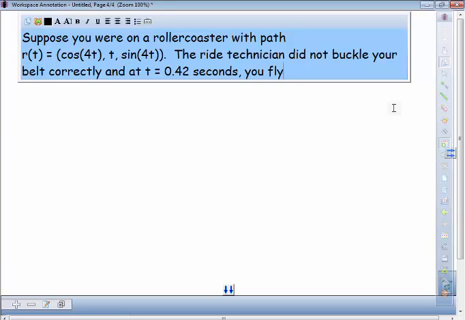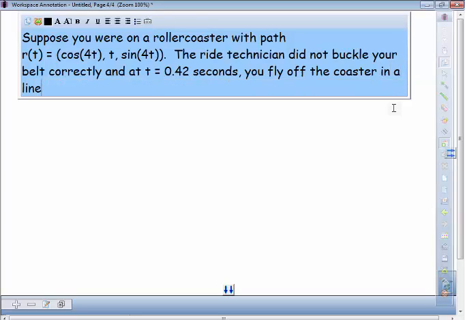You fly off the coaster in a line. So you fly off the roller coaster. So when would you hit the ground?